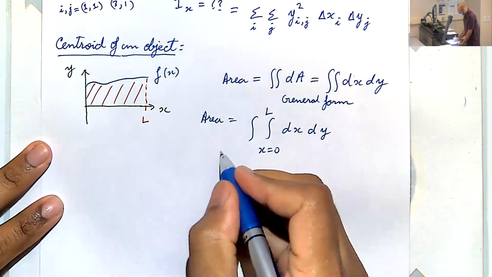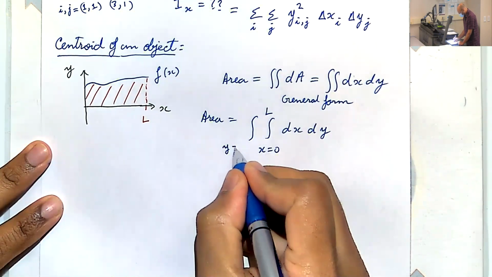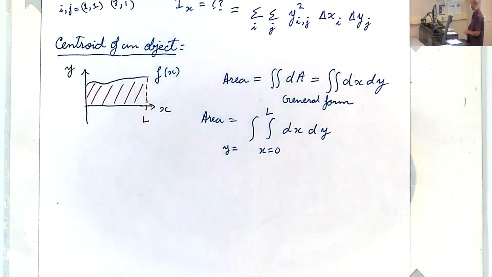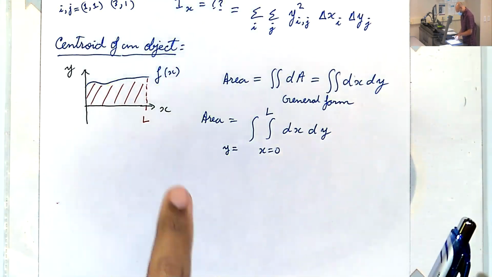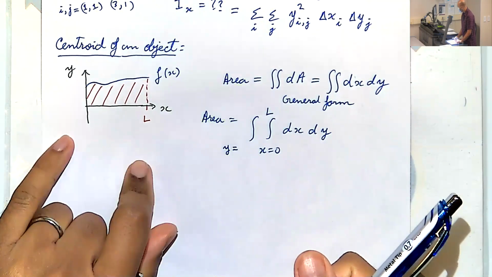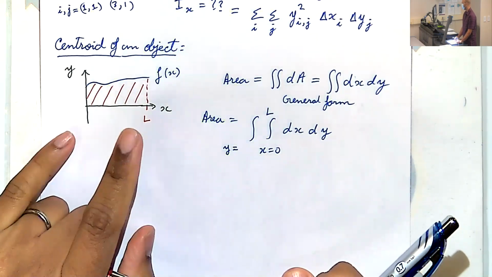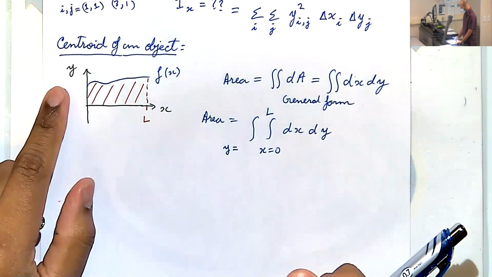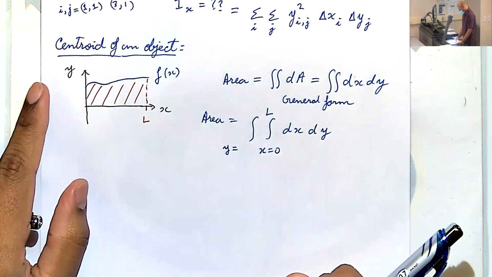What does y go from? What's the limit on y for this problem? f of L?